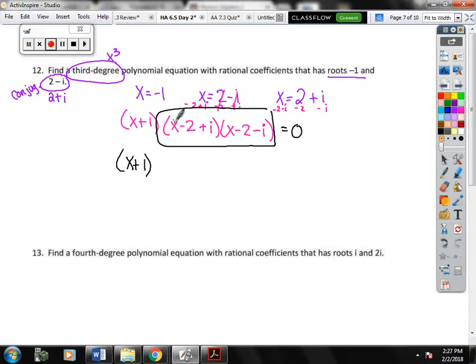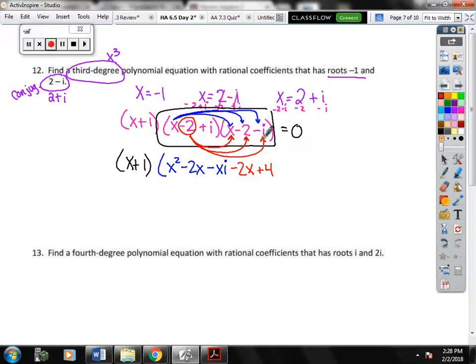So let's start. x times x is x squared. x times a negative 2 is minus 2x, and x times a negative i is a minus xi. Move to your next term. We're distributing this time a negative 2. So a minus 2x. Negative 2 times a negative 2 is a positive 4.